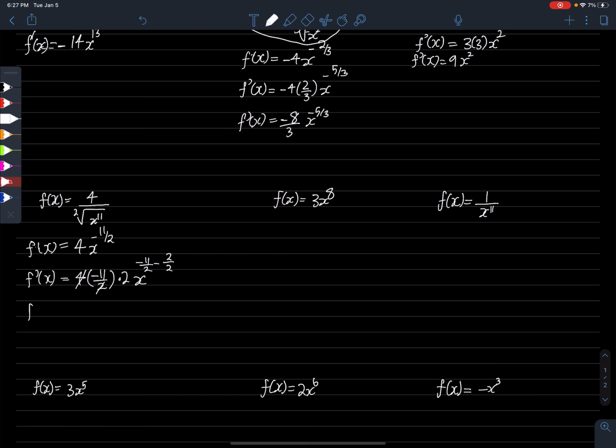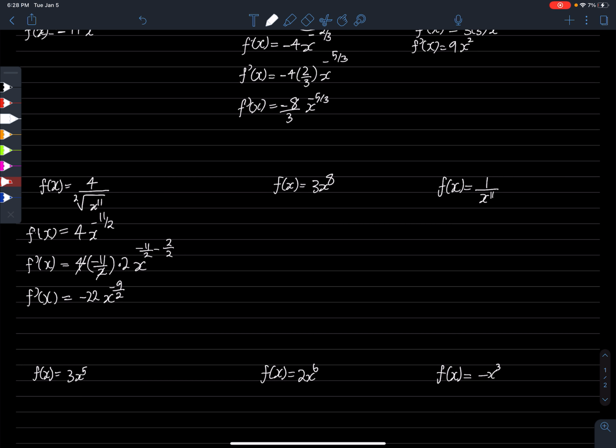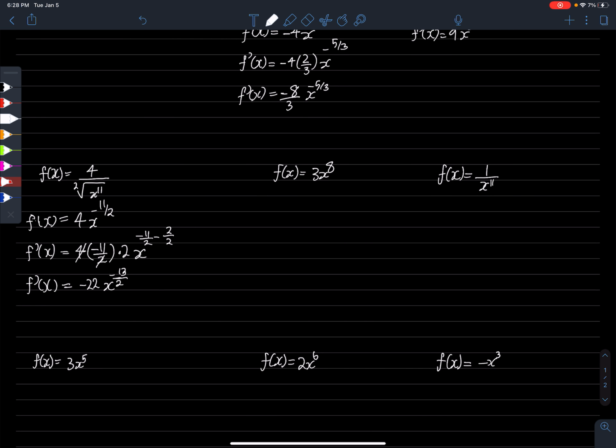So you got f prime of x. Let's write this nicer. It's going to be negative 22 times x to the negative 13 over 2. All right, that's your answer.